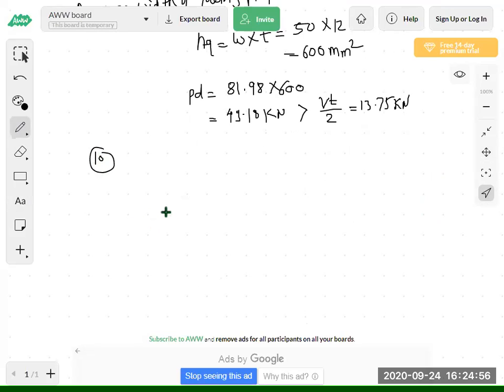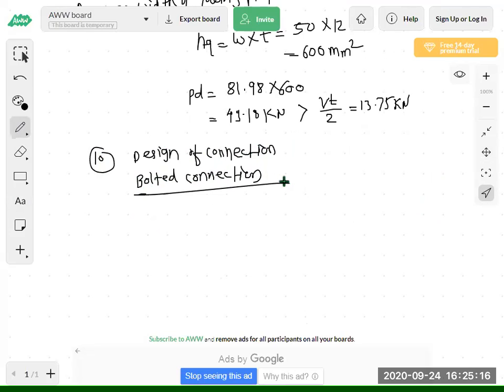Number 10, design of connection. They have given design of bolted connections. In the problem statement they told us bolted connection we have to use. For bolted connection, the same procedure as we are solving, that procedure we have to follow. For that we have to assume first. What we have to assume?